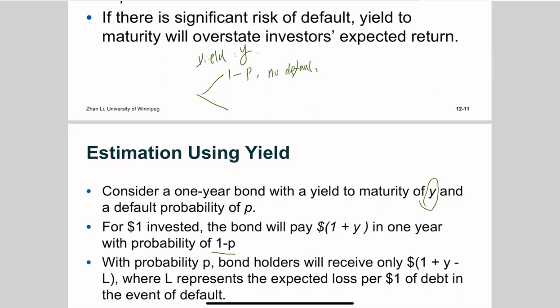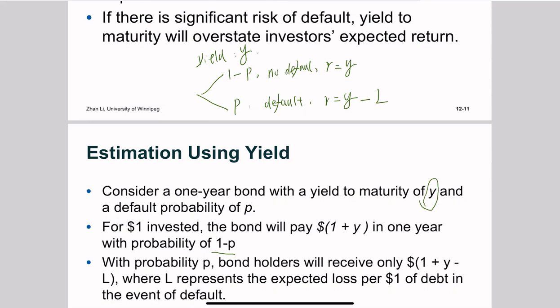In this case, if you invest $1, you will get 1 plus Y dollars. So in this case, your return equals yield because there's no default, right? With probability P, there is default. In this case, you cannot realize this promised yield. You will actually suffer some loss.